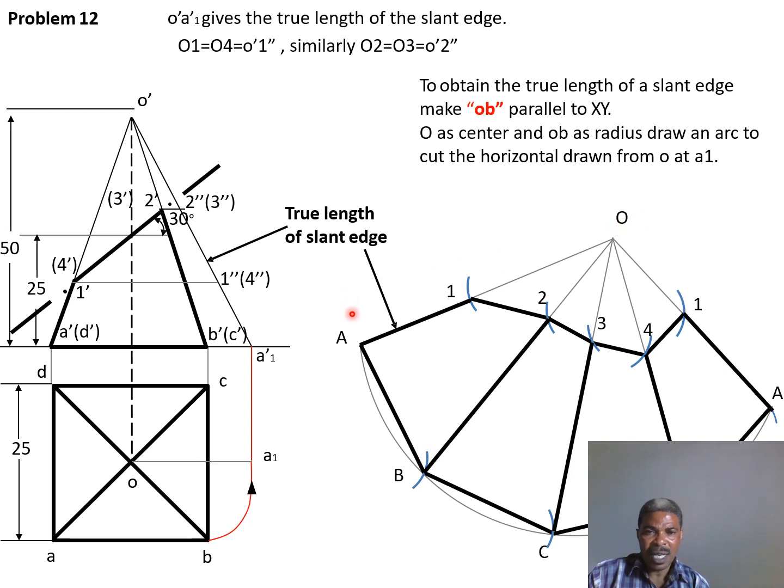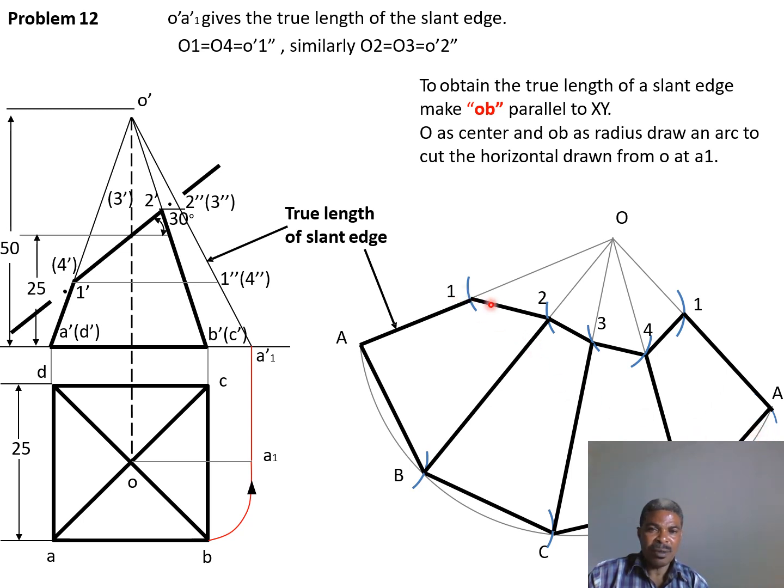You can draw any convenient arc, only you have to bear in mind that for our pyramid each side is given 25. So A to B 25, B to C, C to D, D to A, back to A. So the four are provided.